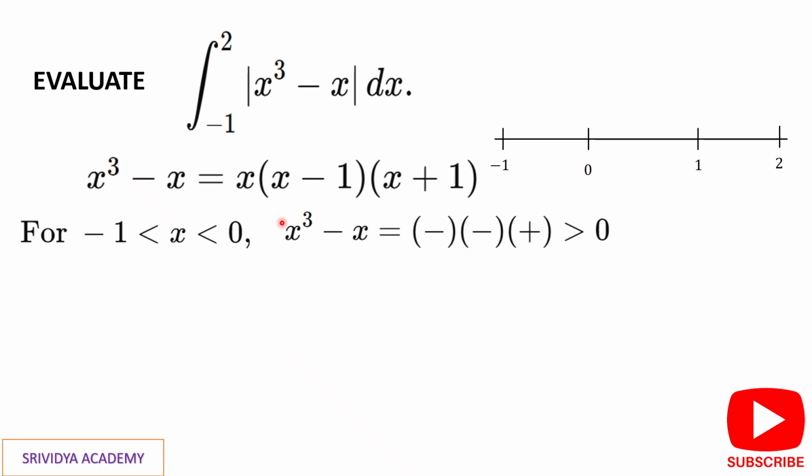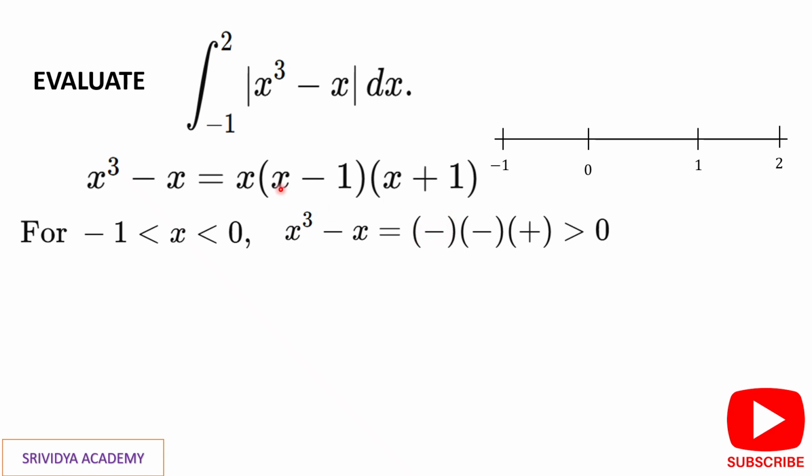Then x will be minus, x minus 1 will be minus, and x plus 1 is plus. That means when you choose a point in the interval minus 1 to 0, this x cube minus x is positive. Let me explain it. Let us choose x equals minus 0.5. Minus 0.5 means it is negative.